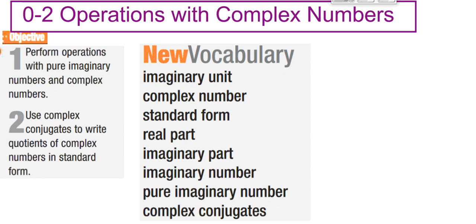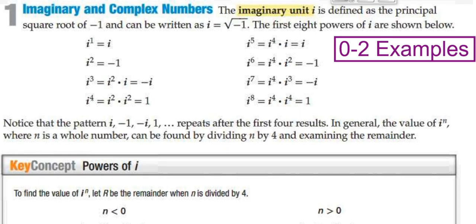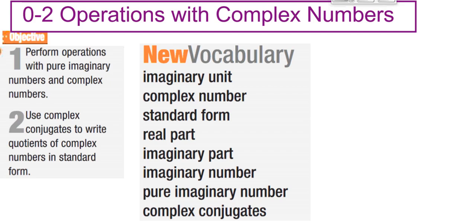I'm going to add a slide here, so if you need to pause to write your heading, go ahead. We're going to mull over i and things like that. I'm just going to remind you, you've had this before, but i is equal to the square root of -1, so you should probably write that down.